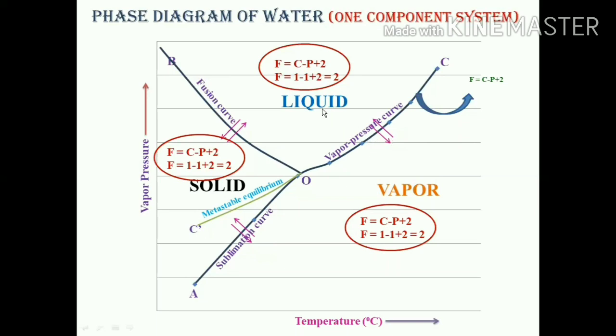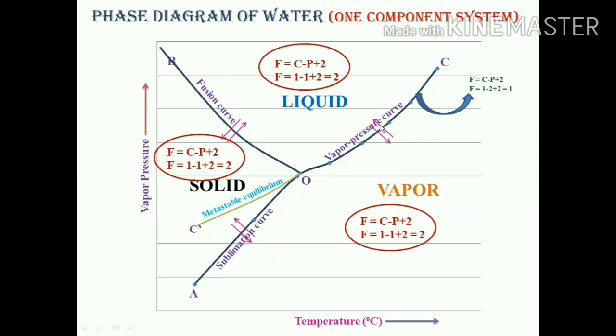The one which lies to its left and the other which lies to the right of the curve. So in the case of the curve OC, F is equal to C minus P plus 2, and the value of C, the number of components, will be 1 here also, because we are discussing the one component system, remember, and it is the water system specifically. But the number of phases will be different here. Why? Because it is an equilibrium state. So the number of phases will be 2 here.